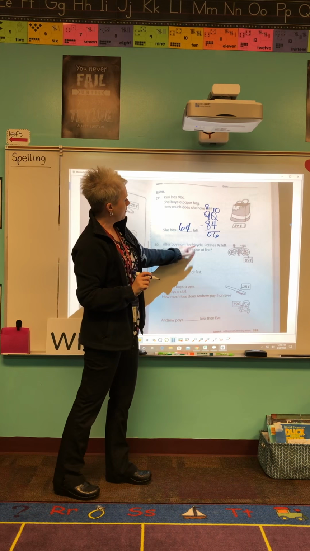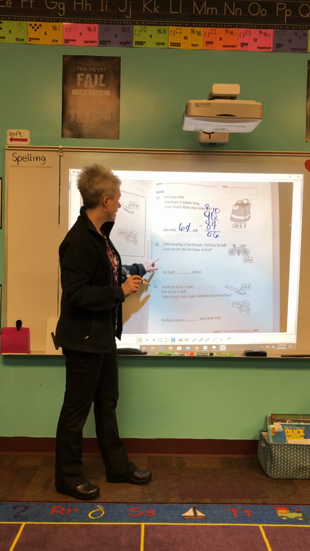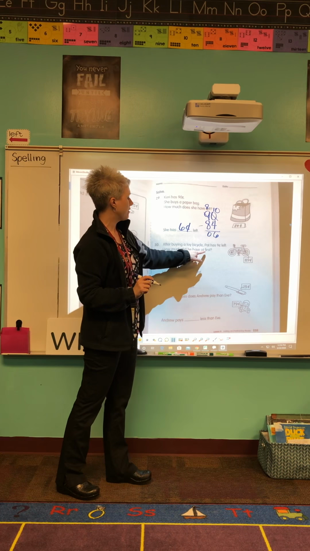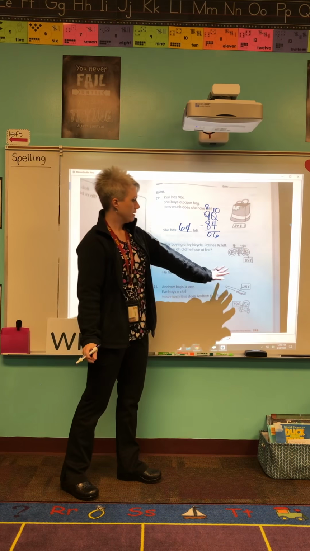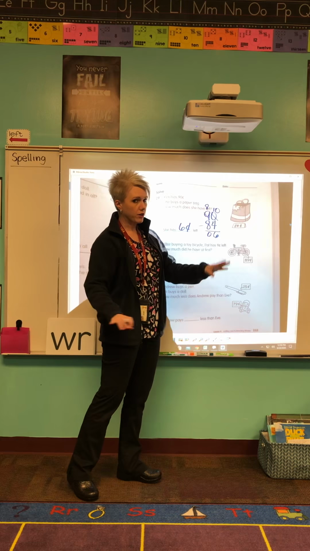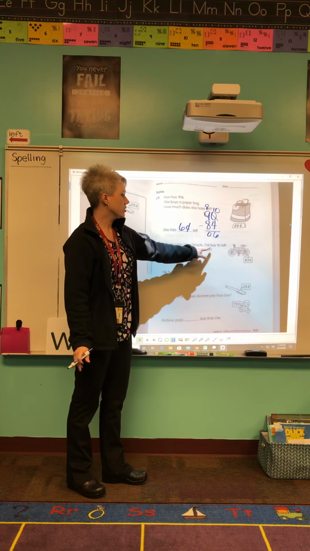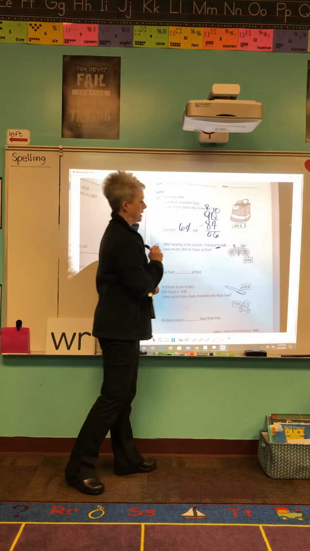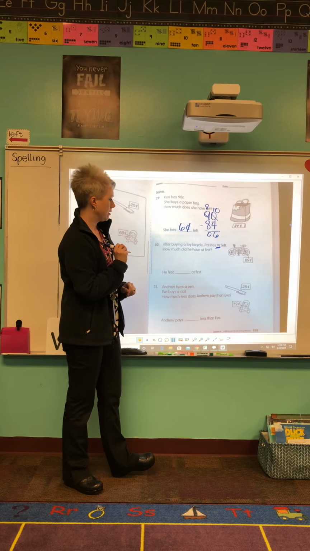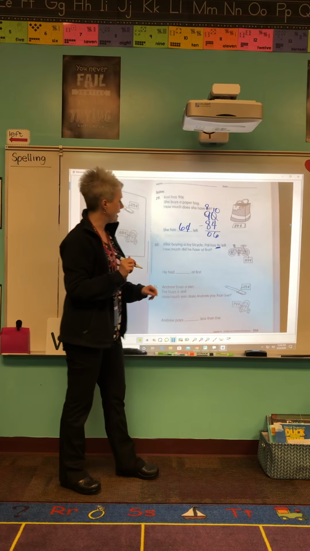After buying a toy bicycle, Pat has 9 cents left. How much did he have at first? Okay. This is a little different. That's why we're working through these together. This one, we know how much change he got. He had 9 cents left. He paid 89 cents for the bicycle.